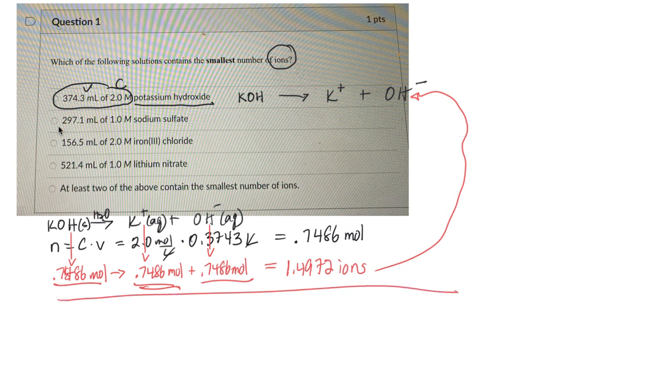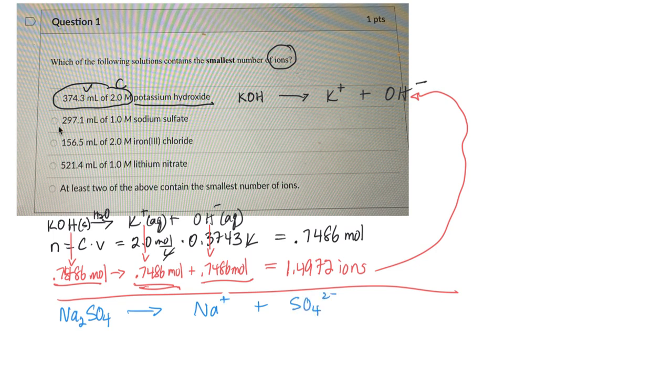Okay, so let's do the sodium sulfate one in blue. When you dissociate sodium sulfate, you get sodium ions and sulfate ions.